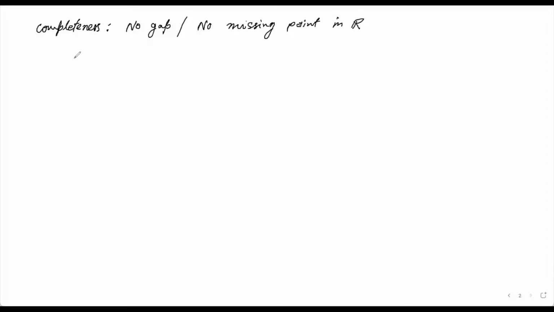This contrasts with Q, the set of all rationals, where we have a gap at every irrational point.